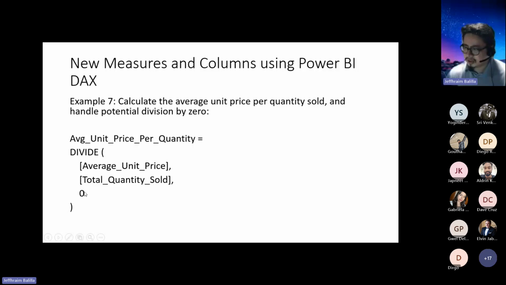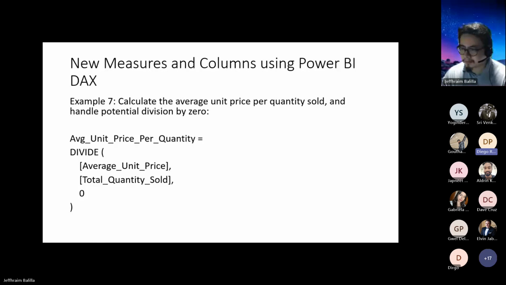And the zero here gives us the ability to handle potential division by zero. So it won't give us an infinity or anything weird. In other platforms, it gives us an error. So let's do that. Yep, Jago, go ahead.